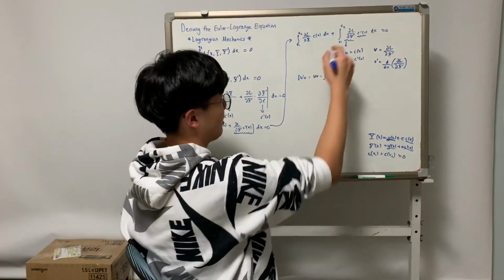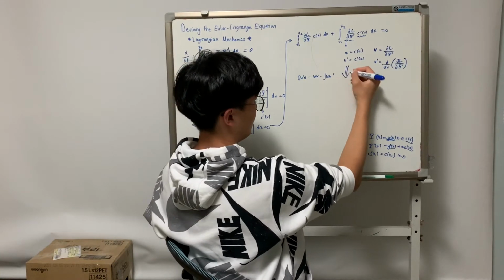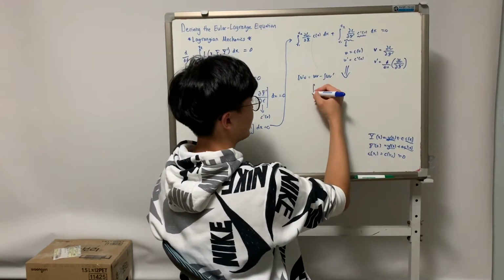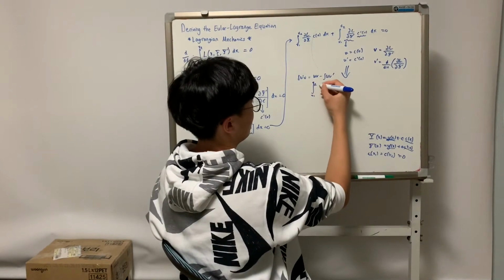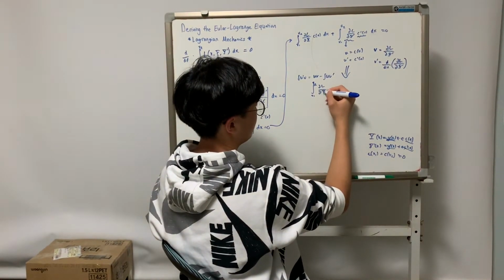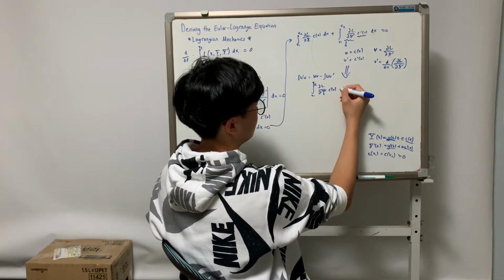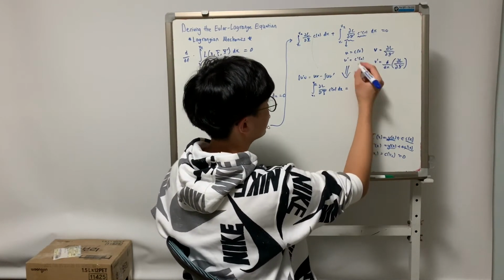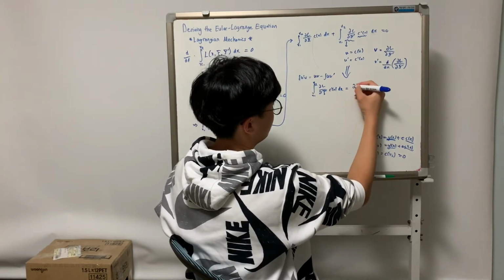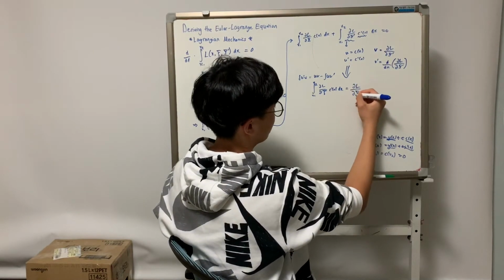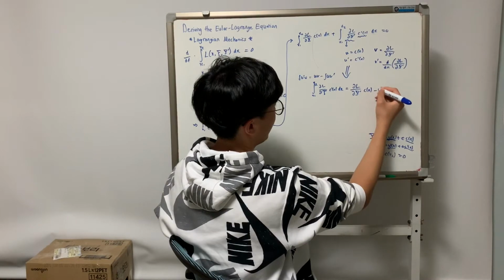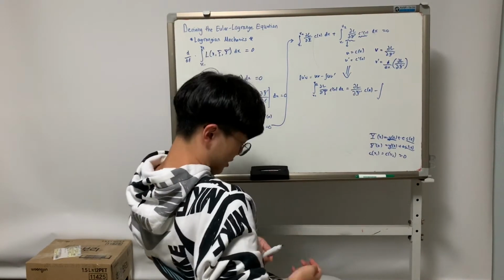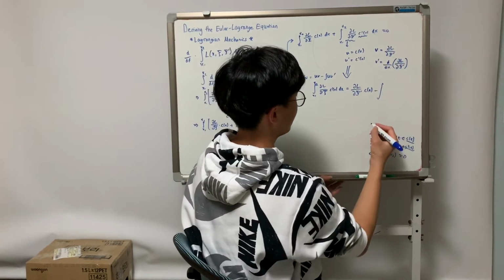Alright, so basically this expression over here would be equal to uv, which is partial L over partial y prime times c of x, minus the integral of u times v prime.